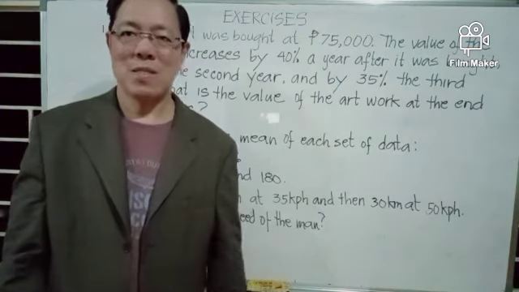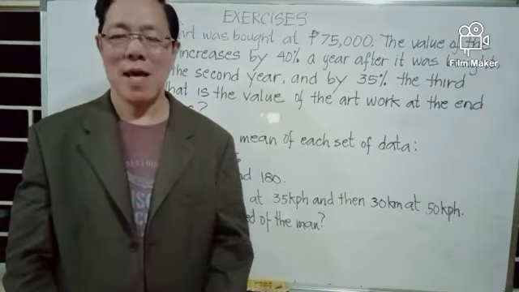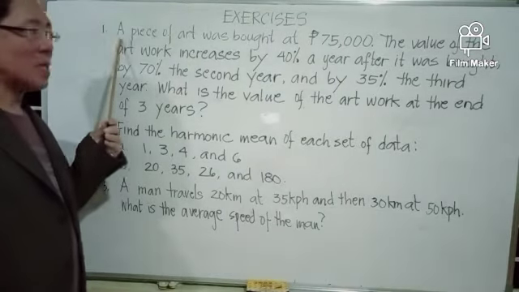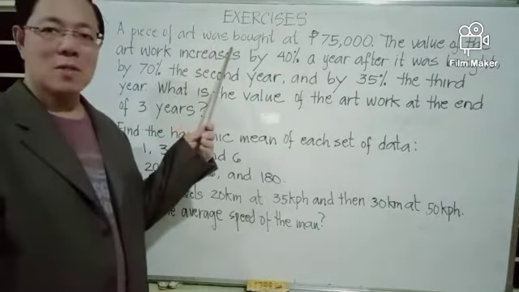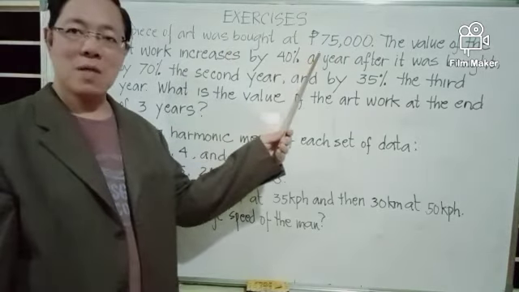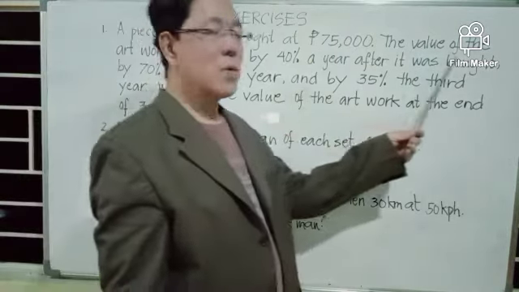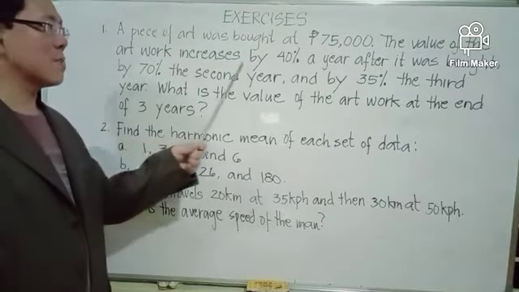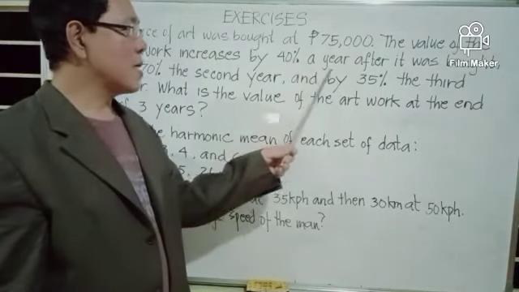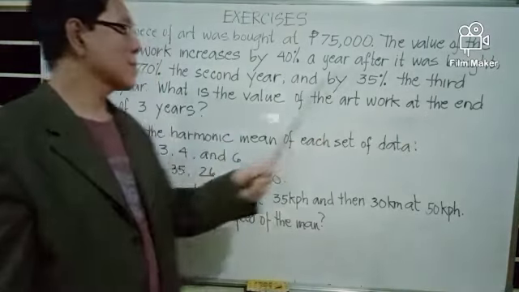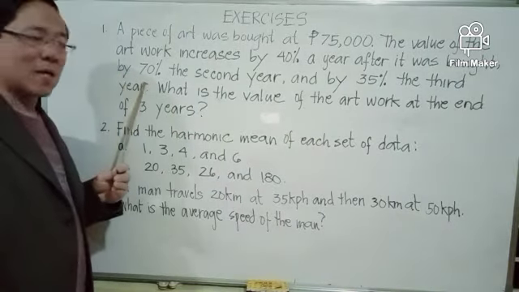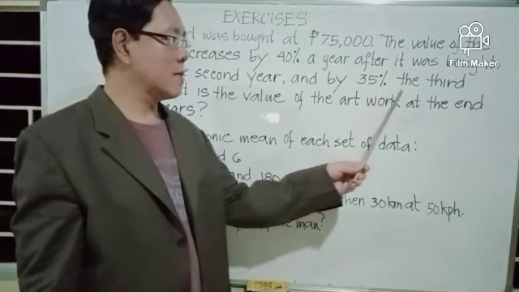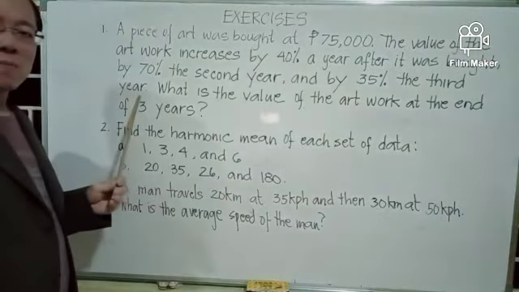For your practice, please try the following exercises. Number 1, a piece of art was bought at 75,000 pesos. The value of the art work increases by 40% a year after it was bought, by 70% the second year, and by 35% the third year.